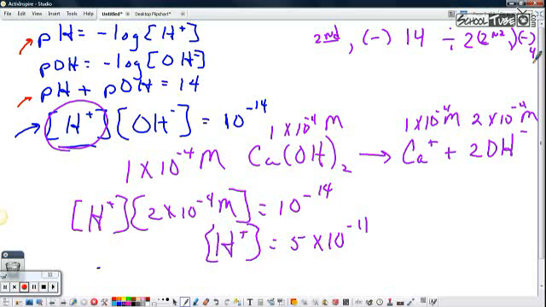I said second comma minus 14. Not a 10. You don't ever put a 10 on this. You need to learn to use your calculator on this. All right. So, I'm going to erase over here so I have a place to write.